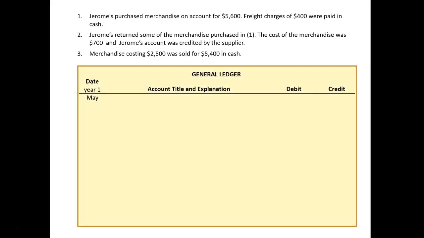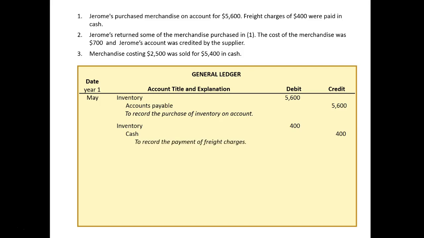So the first thing we're going to do is show the inventory. Purchased inventory, $5,600. Credit accounts payable for $5,600. We'll also show the freight charges as inventory and credit our cash since they were paid in cash. Next, we're going to show how Jerome's returned some of the merchandise.